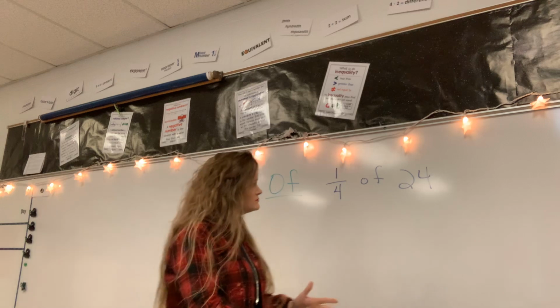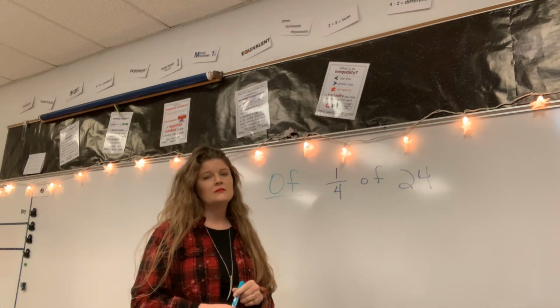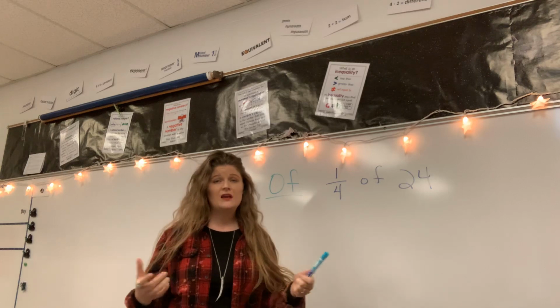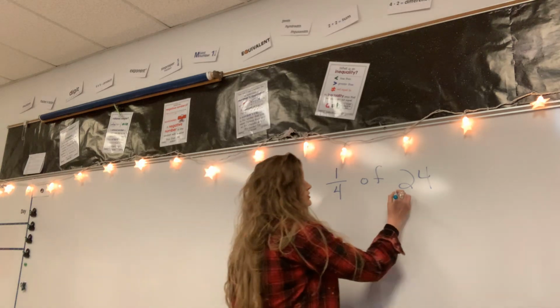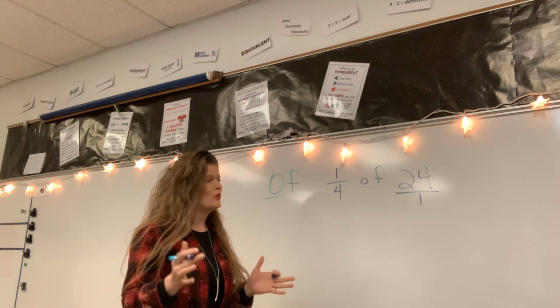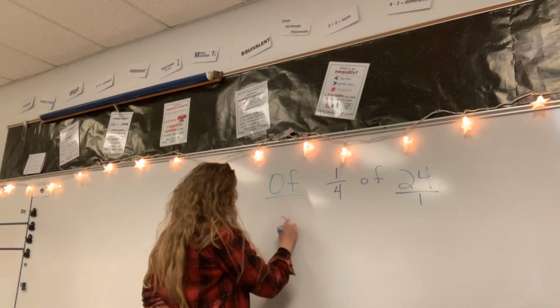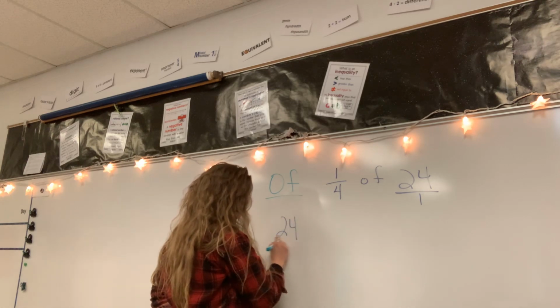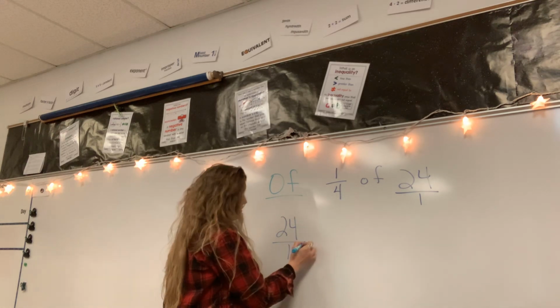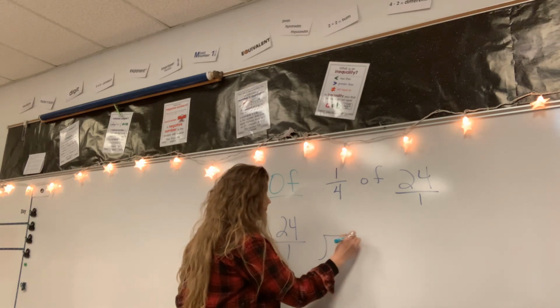It's pretty simple. Anything that is a whole number, all you have to do is put that number over 1. Why do we do it? Why do we just put it over a 1? Well, if I have 24 over 1, this slash, we've talked about, means division.